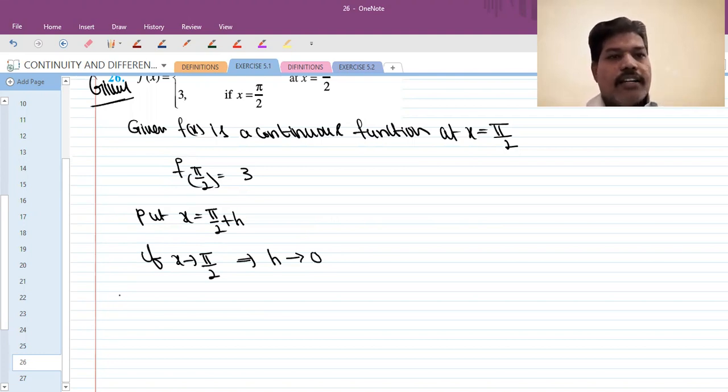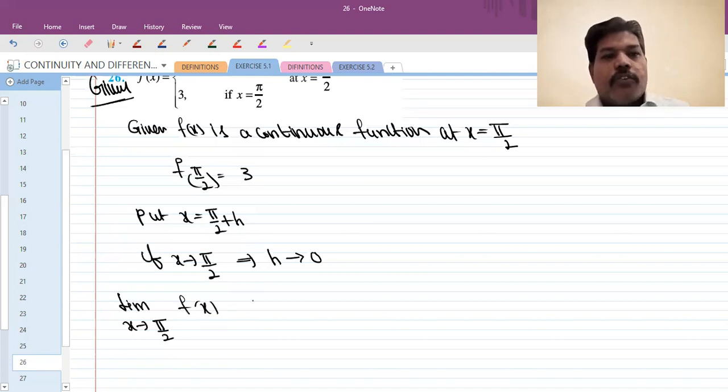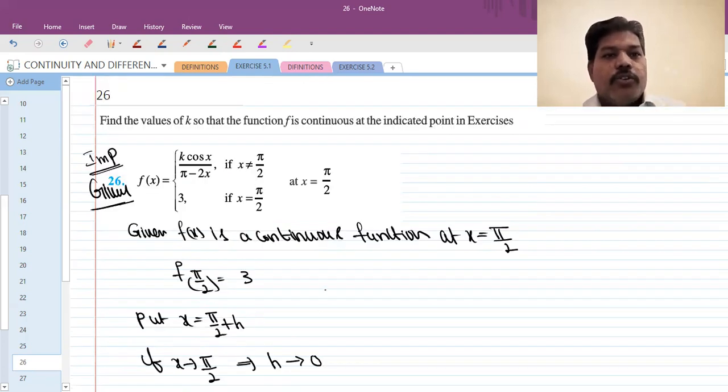So I have to calculate the limit as x tends to pi by 2 of f of x. What is f of x? The value of f of x is k into cos x by pi minus 2x.